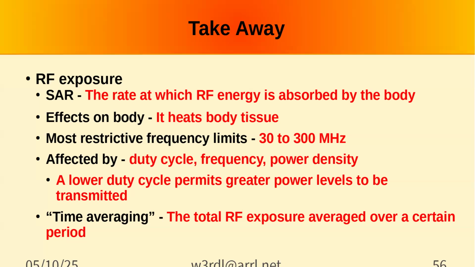Okay. So it just turns out that in that range, they draw the curve like it's just flat at 30 to 300. I doubt that it's exactly like that. Nature doesn't do those kind of things. There's probably some frequency, and it may be dependent on the person, where you're most susceptible.